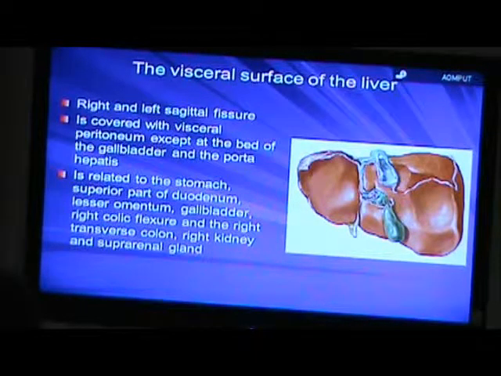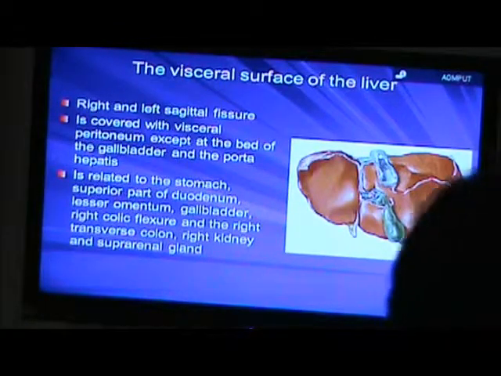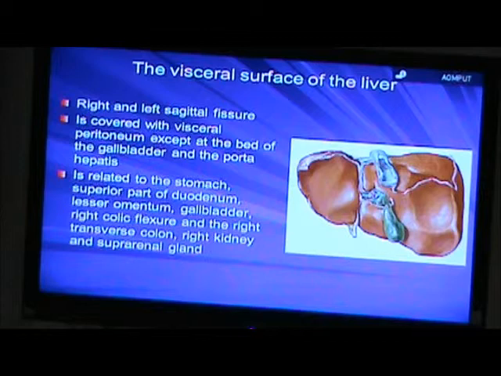There was the diaphragmatic surface, the bare area, and now the visceral surface. The visceral surface of the liver is related to the stomach, to the superior part of duodenum, lesser omentum, gallbladder, right colic flexure, the right transverse colon, the right kidney, and right suprarenal gland.